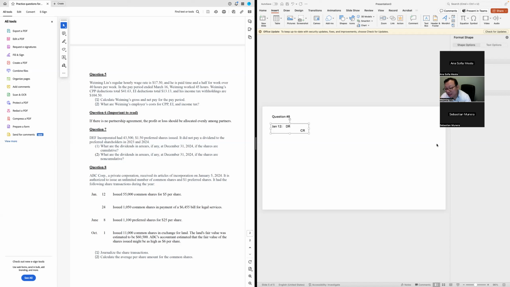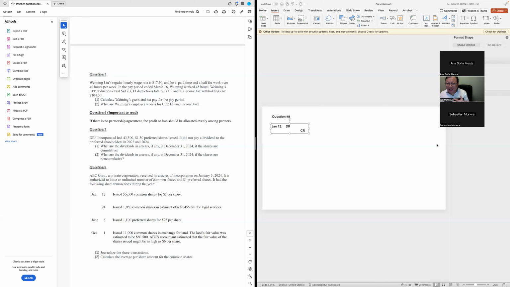Do I debit or credit? Debit common shares? If I debit common shares, do I need to credit cash? If I credit cash, my cash balance will decrease, so I'm using cash.